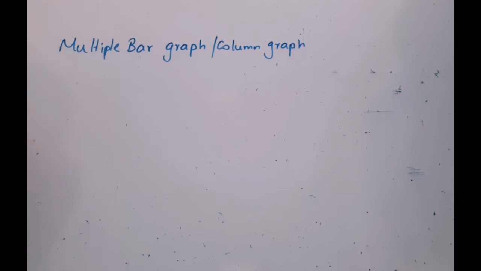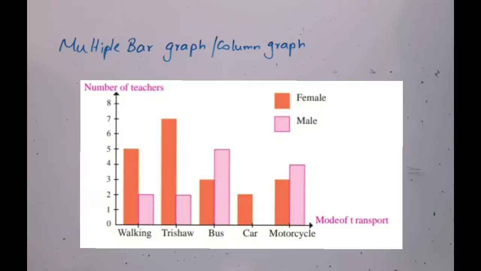We also have multiple bar graphs, or multiple column graphs, where 2 or more subcategories have been joined. For example, this is a multiple bar graph where 2 pieces of information have been combined together.